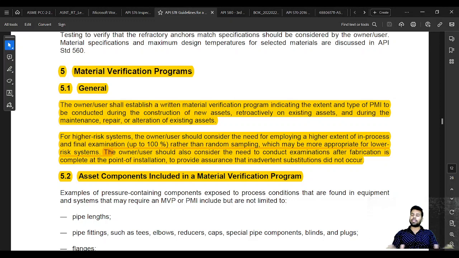Sometimes up to 100% is required, depending on how critical the job is, rather than just random sampling, which may be appropriate for lower risk items. The owner user should also consider the need to conduct the examination after fabrication is complete at the point of installation to provide assurance that inadvertent substitutions did not occur.